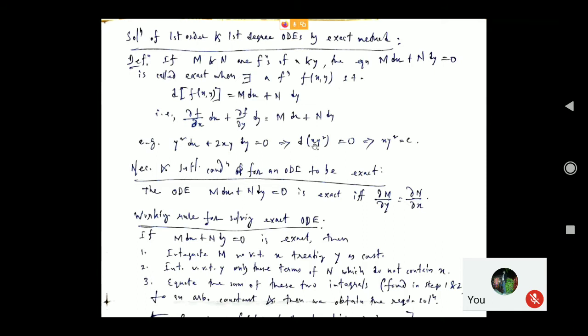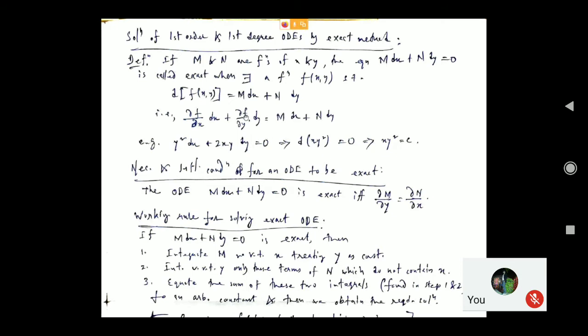So here this is the partial derivative del f del x. By treating y as constant, we are differentiating this. So if we differentiate this by keeping y as constant, what will we have? Only y², isn't it? So y², and the derivative of x will be 1, so y² into 1 dx.